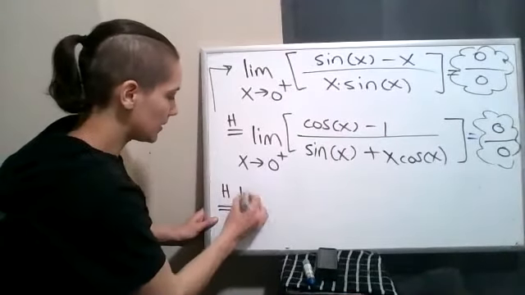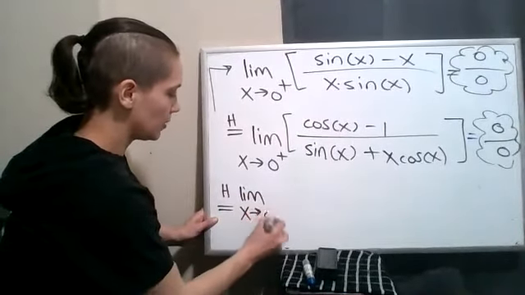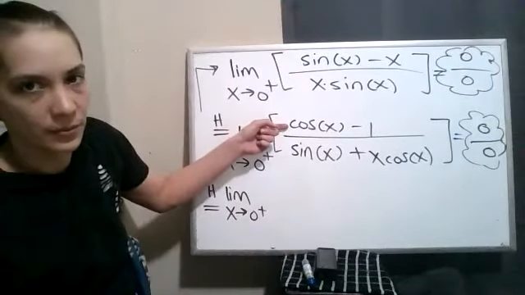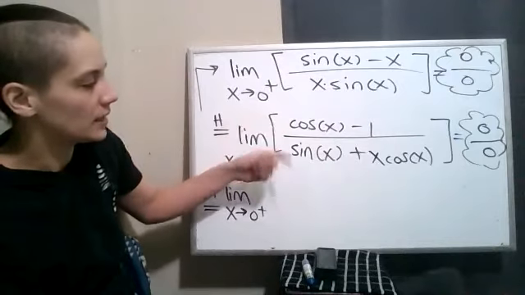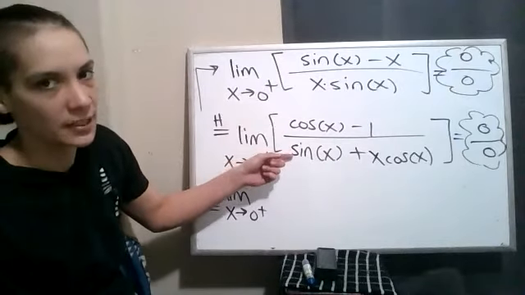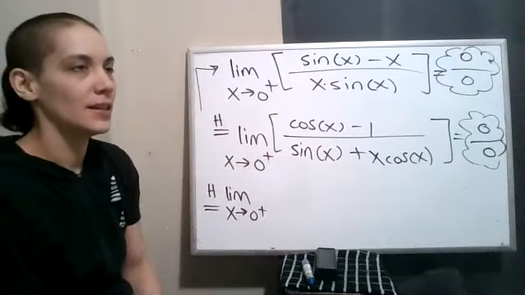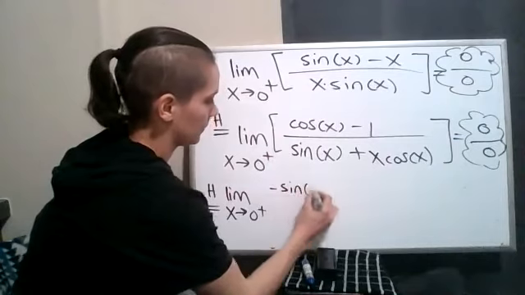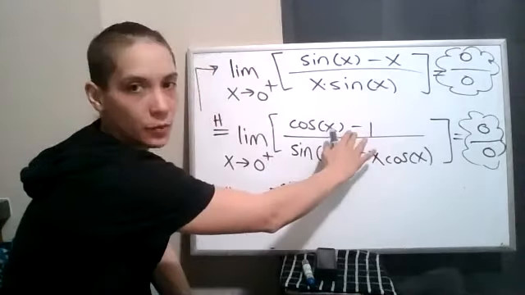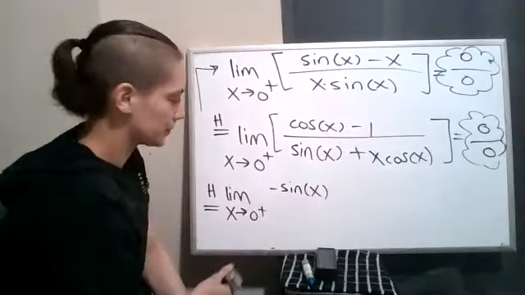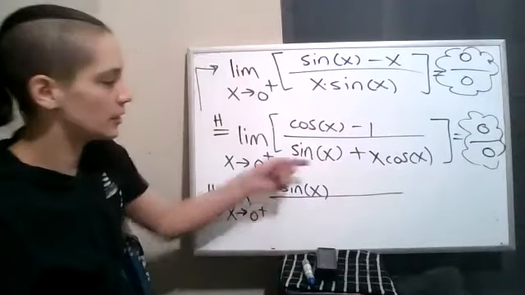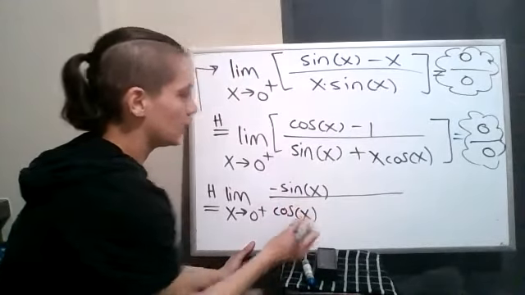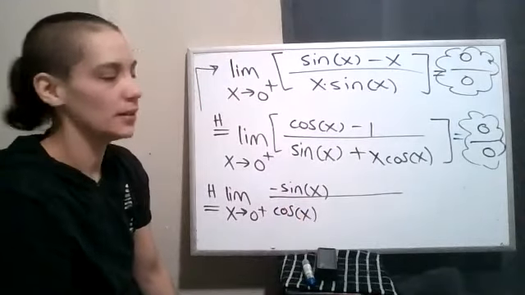We have the limit as x goes to 0 on the right. We get the derivative of the function in the numerator, then find the derivative of the function in the denominator. So derivative of cosine is negative sine, and we're going to subtract 0. Divide by the derivative of sine, which is cosine. And we do the product rule again.